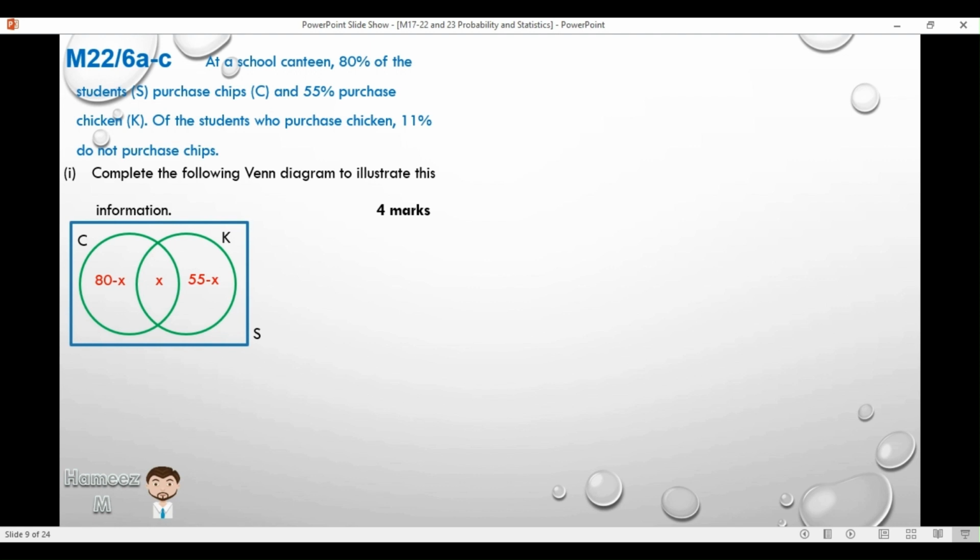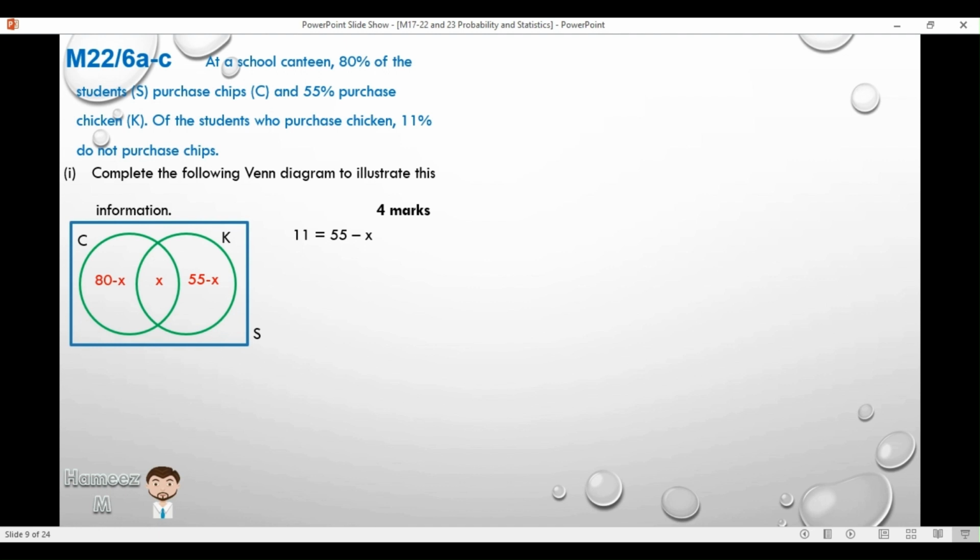Now, from this information, we should be able to calculate X. And how is that? Because it says that of the students who purchase chicken, only 11% do not purchase chips. So that means that 11 is equal to 55 minus X. Let's look at the diagram again: of those who fall into that circle K, which is chicken, 11% do not purchase chips.